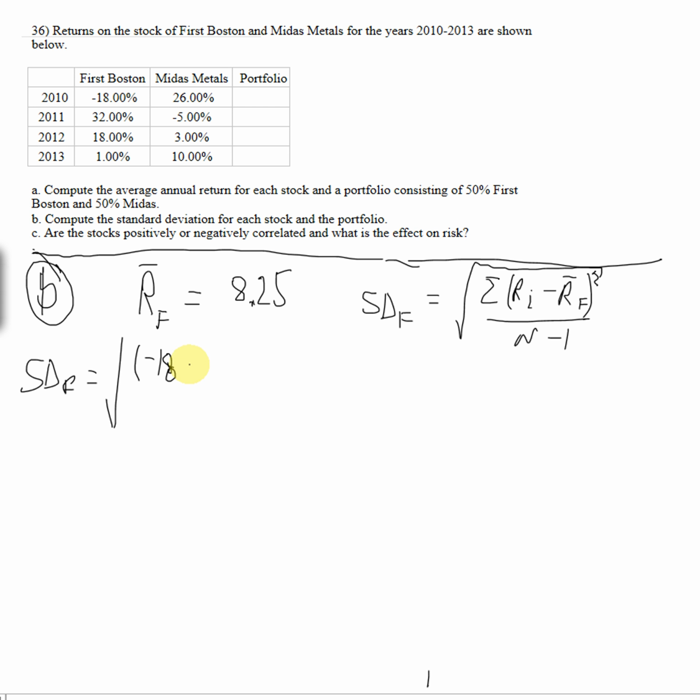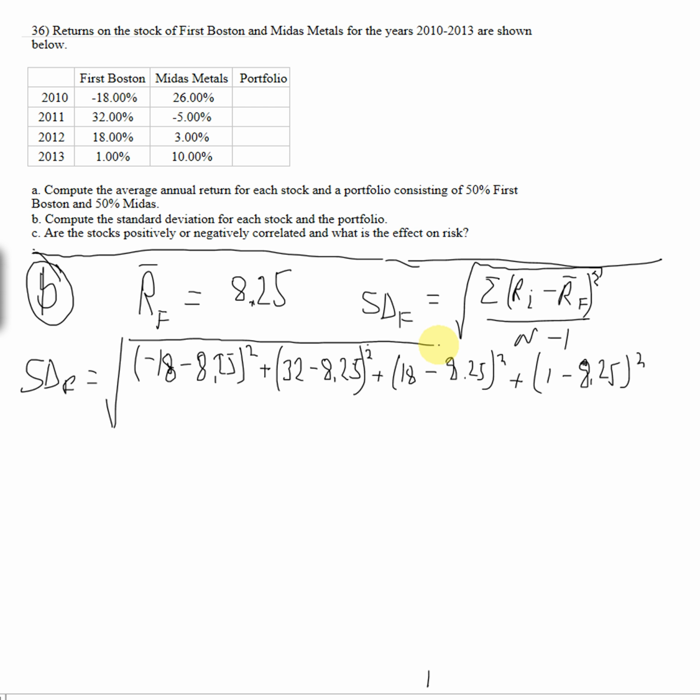So let's do this, minus 8.25 squared plus, so let's save some space, plus the return in 2011 is 32 minus the mean return 8.25 squared plus 18% from 2012 minus 8.25 squared plus 1%, which is the last one here, minus 8.25 squared, and all of it is on the square root and divided by n minus 1, which is basically in this case 4 minus 1.